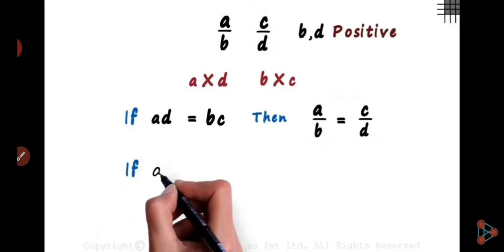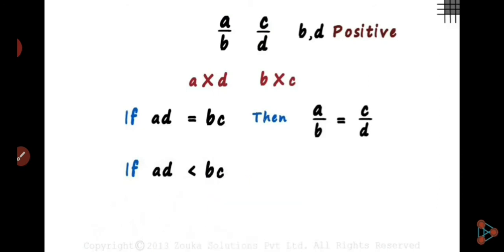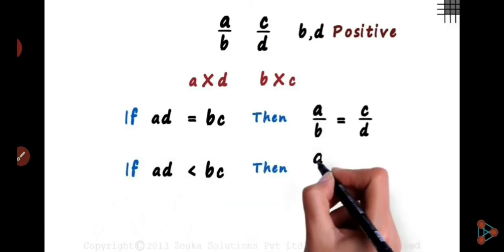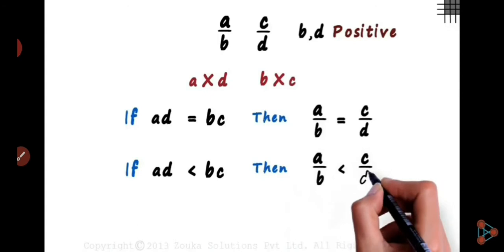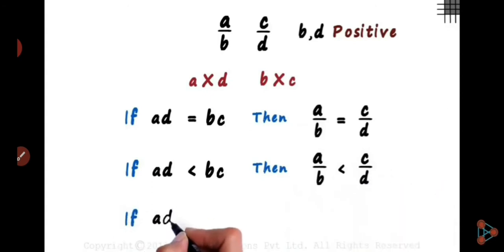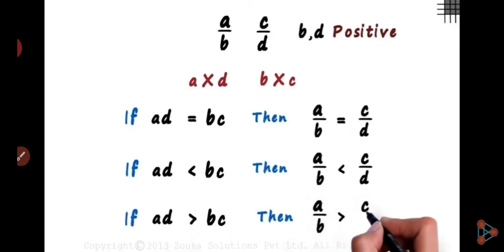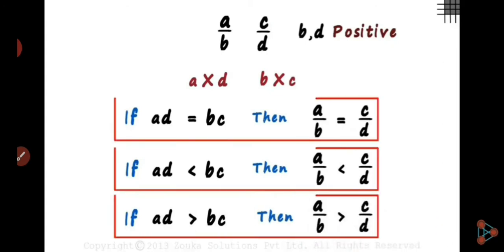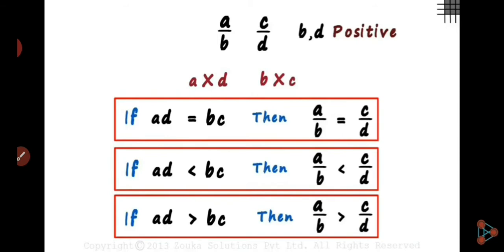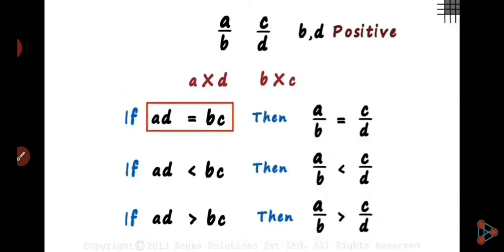But what if AD is less than BC? Simple, then a by b will also be less than c by d. And if AD is greater than BC, then a by b is greater than c by d. That's how simple comparison of rational numbers is. If the products are equal, the rational numbers are equal.